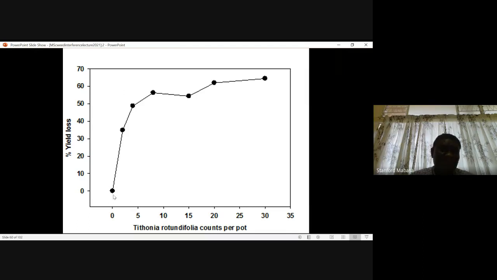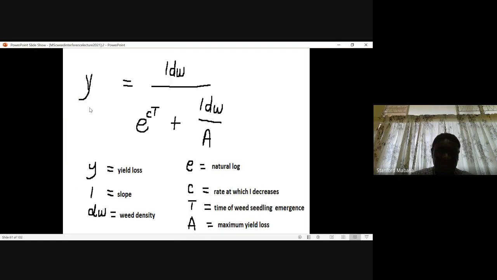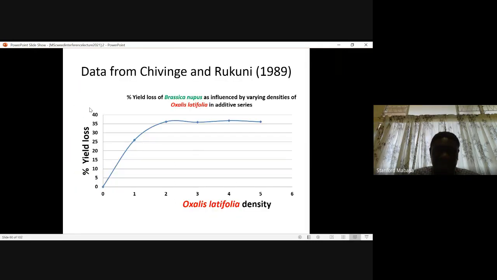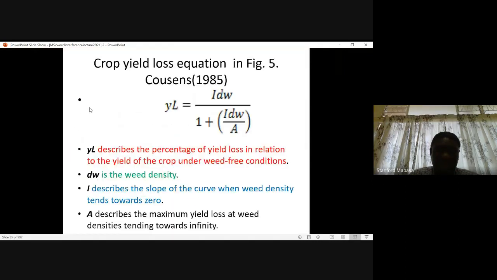And you can have the slope here and the maximum yield loss. Okay, let me... Now, this equation, I want you to check that there's one here.